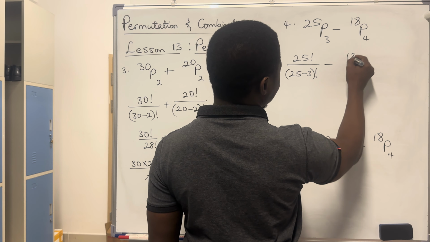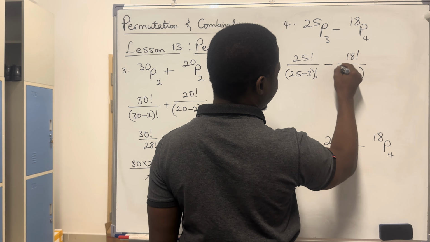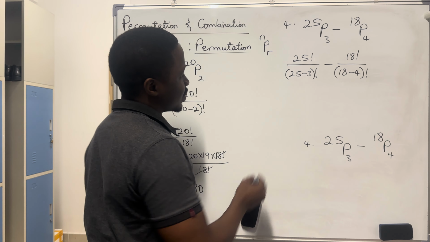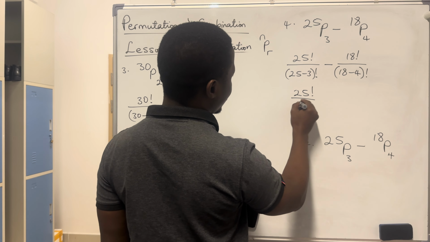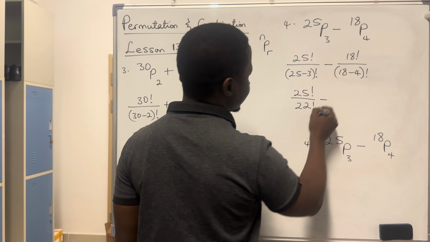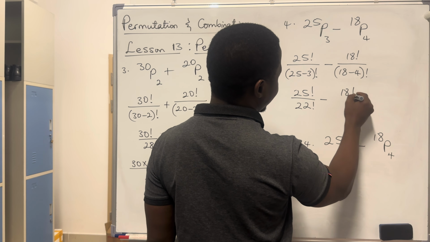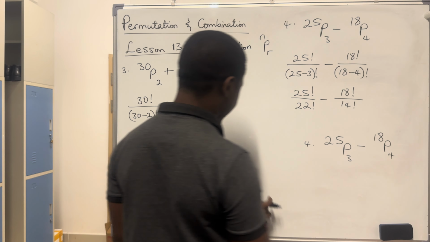There again, 18 factorial divided by 18 minus 4 factorial, which is 14 factorial.